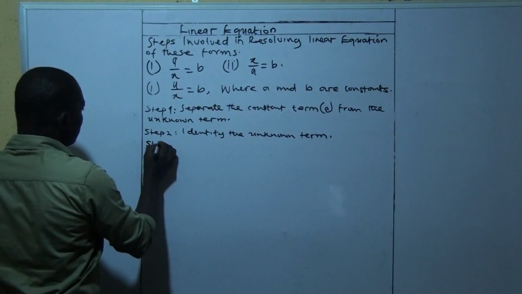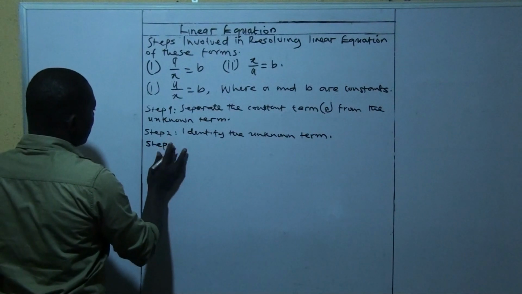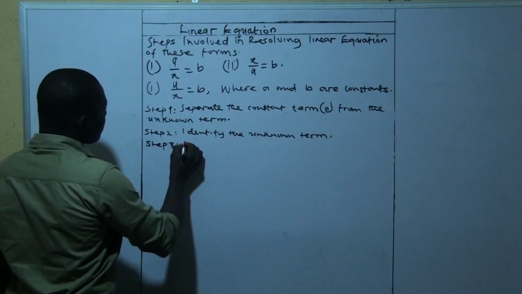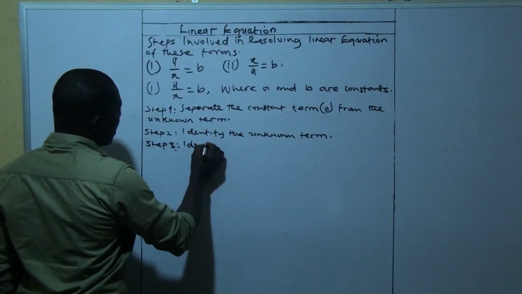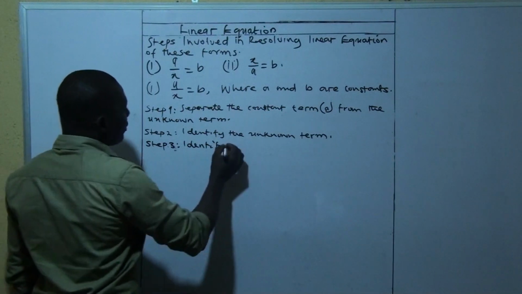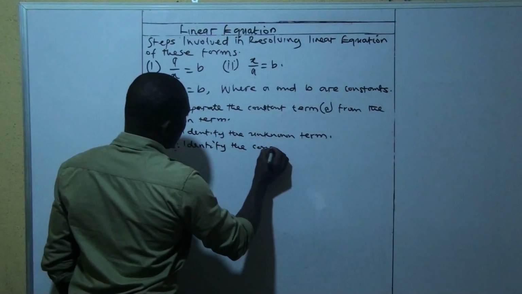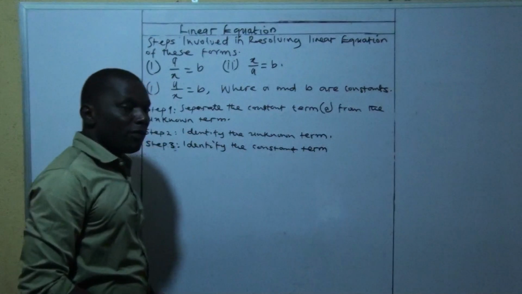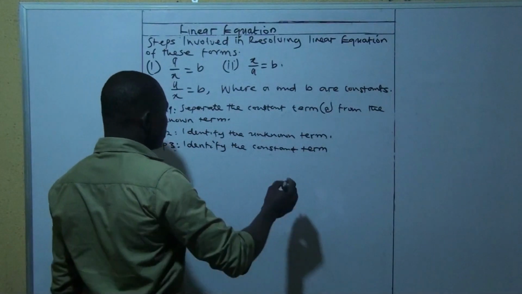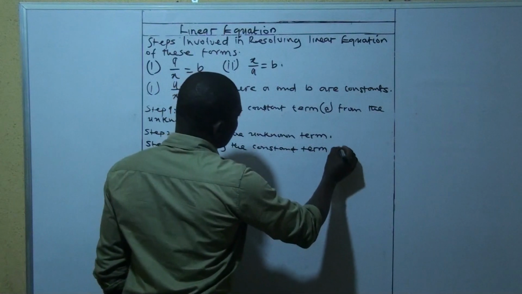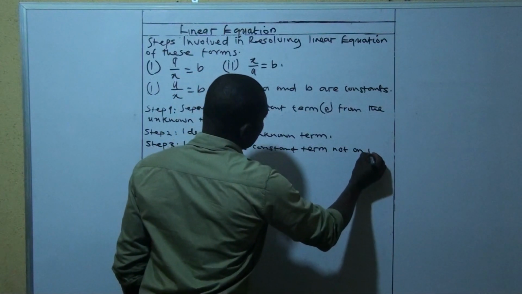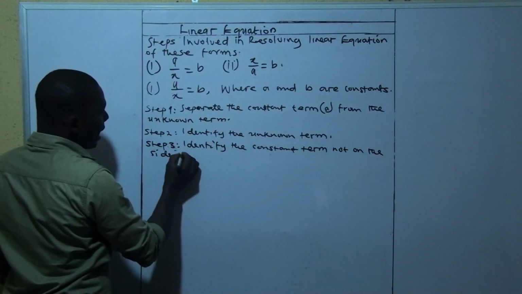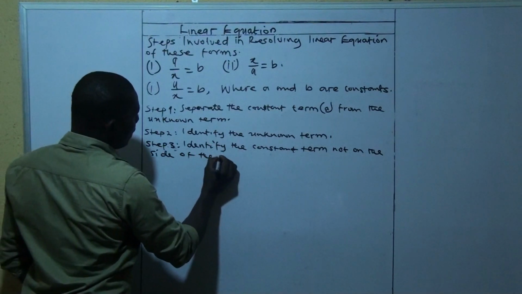Then step 3, identify the constant term not on the side of the unknown term.